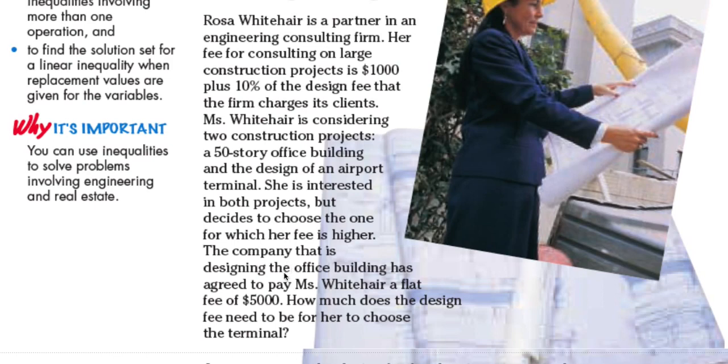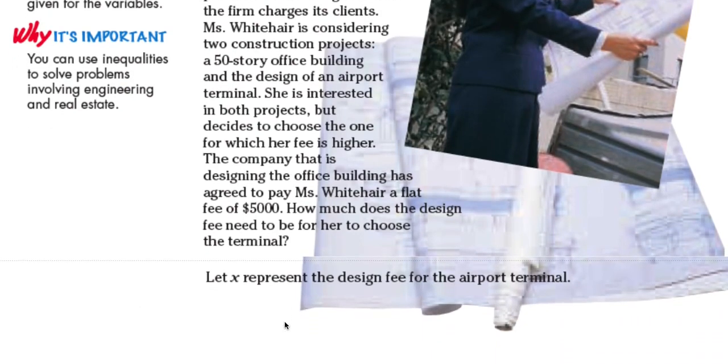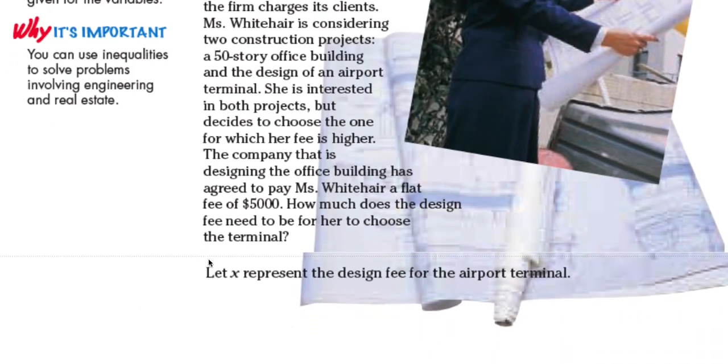The company that is designing the office building has agreed to pay Ms. Whitehair a flat fee of $5,000. How much does the design fee need to be for her to choose the terminal? To answer this, let x represent the design fee for the airport terminal.